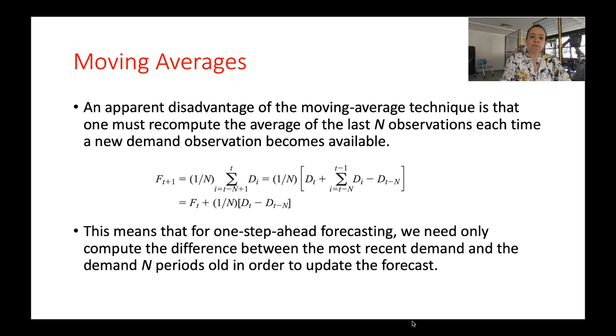So, when we rearrange the formulation in this way, as you can see, if we take the difference of the new observation and the n period old observation, divide by n, and add to our latest forecast, we obtain the new forecast. So instead of taking the average of the last n observations each time, we can only use the new observation and the n periods old observation to compute our new forecast.